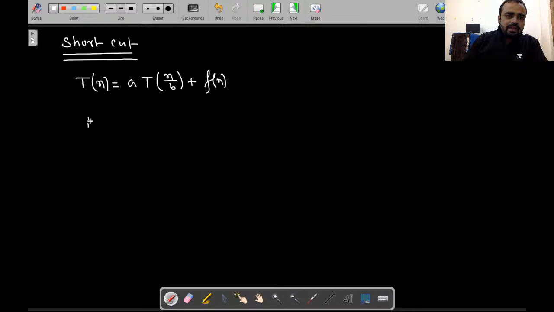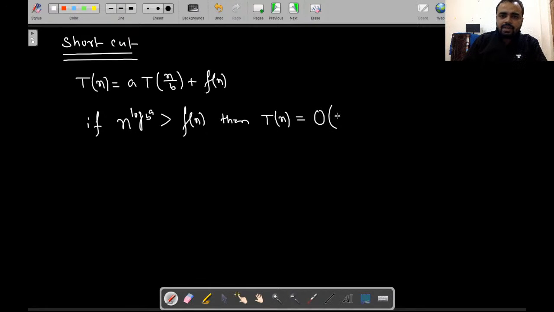See, if n to the power log of a on the base b is greater than f of n, then T(n) क्या होगा भाई, T(n) will become order of, पूरा का पूरा टाइम कॉम्प्लेक्सिटी इस वाले पार्ट पे डोमिनेट कर जाएगा.